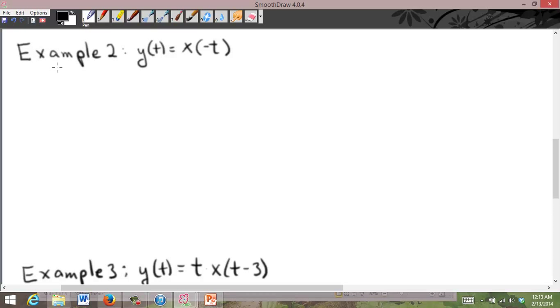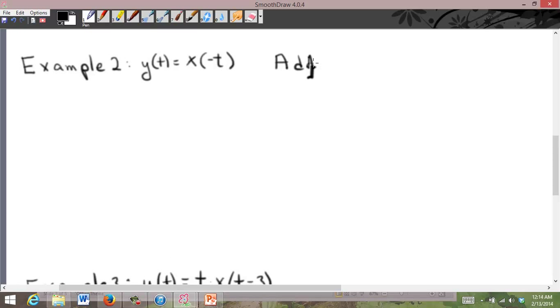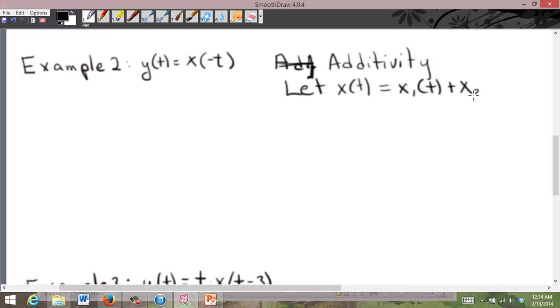Okay, now for the second example, we have y of t is equal to x of minus t. Basically, y is just the time reversed version of x. So again, we're going to let, for additivity, we let x of t equal x1 of t plus x2 of t.